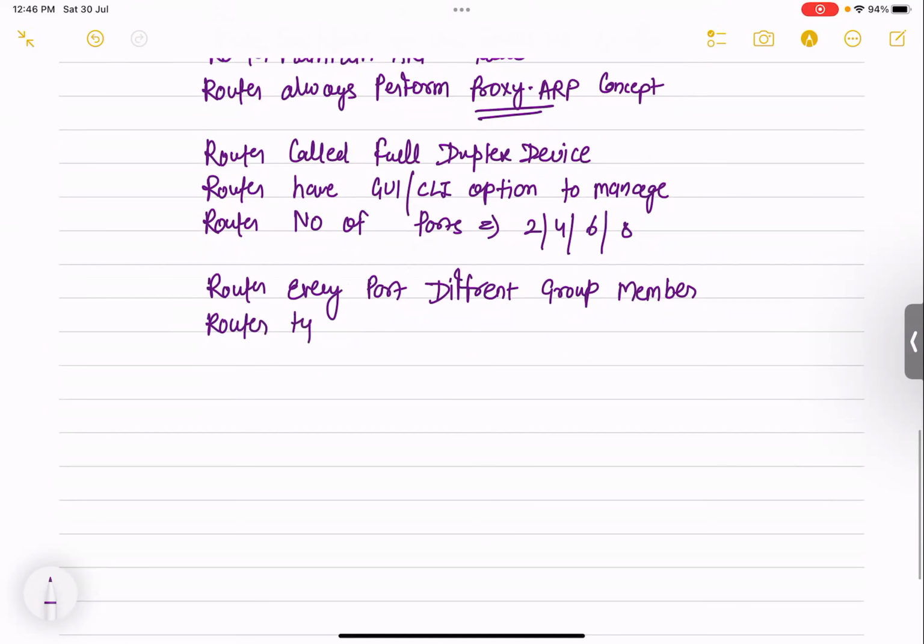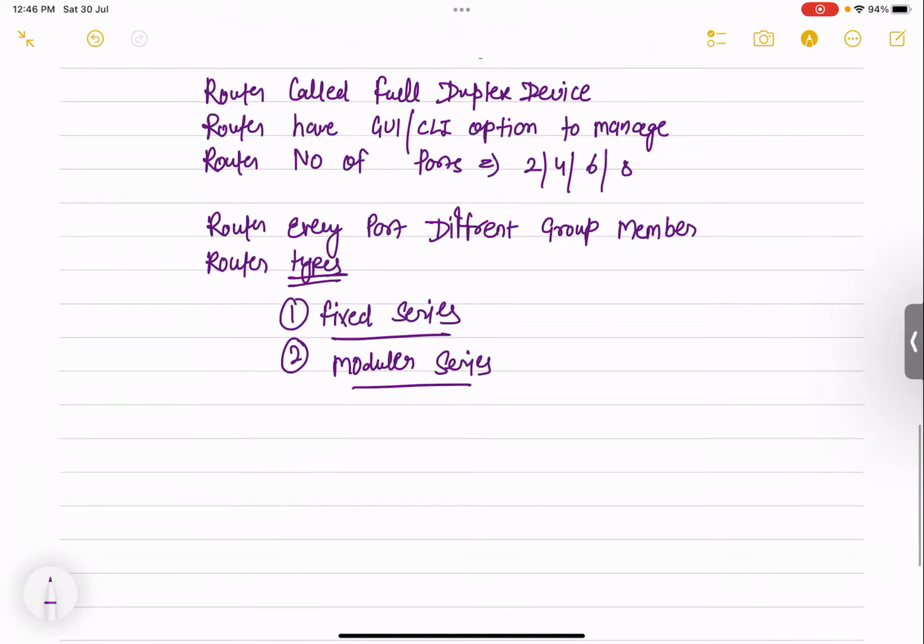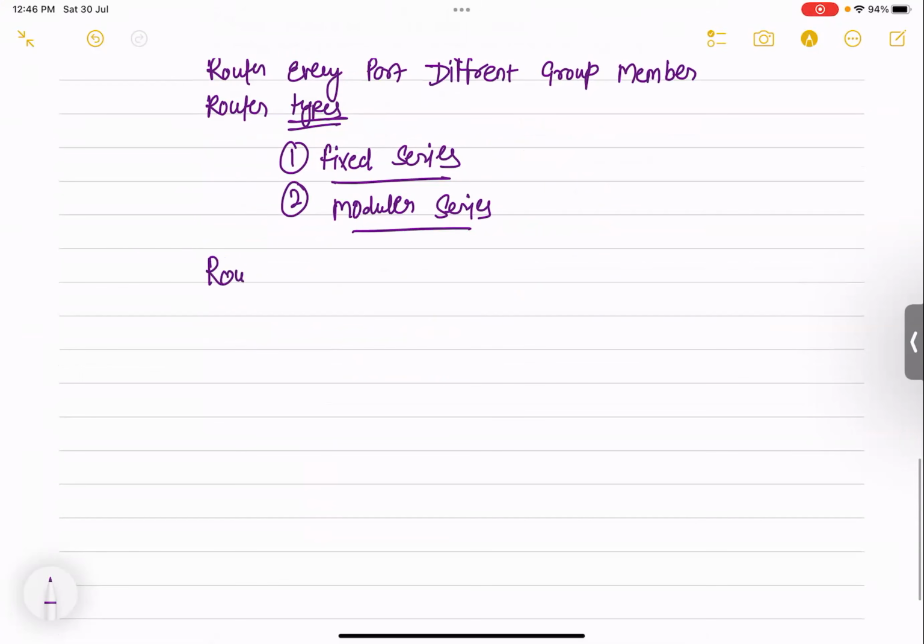One more theory: router types available. How many types of routers are we getting? Fixed series and modular series. Clear? One more thing: router interfaces available. How many types of interface are we getting?